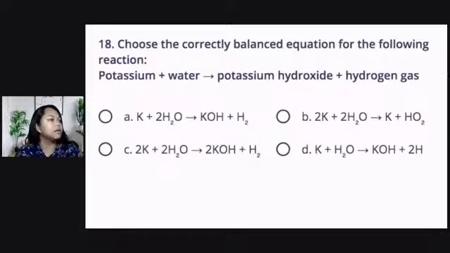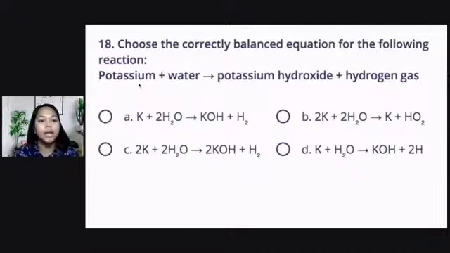Okay, 18, karamihang sagot nyo ay letter D. Okay, so for number 18 here, we are looking for the balanced equation for the following reaction.